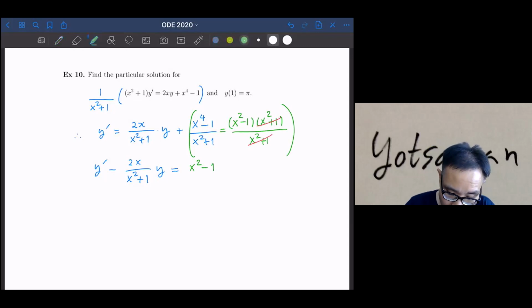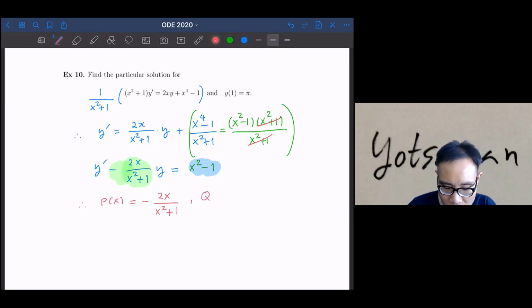This guy is going to be your p(x) and this guy your q(x), respectively. I need to highlight the negative sign also: p(x) is negative 2x over x squared plus 1, and q(x) is just x squared minus 1. So that is the two things for a linear equation, and this one turned out to be linear.